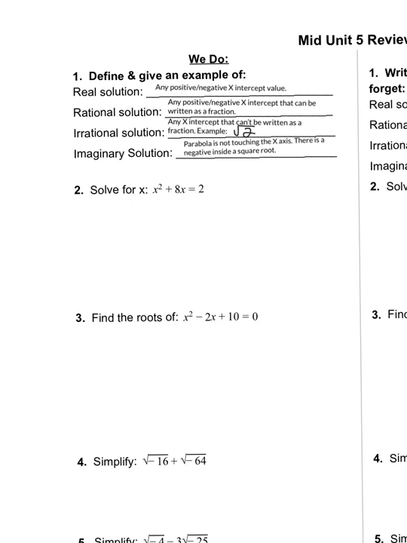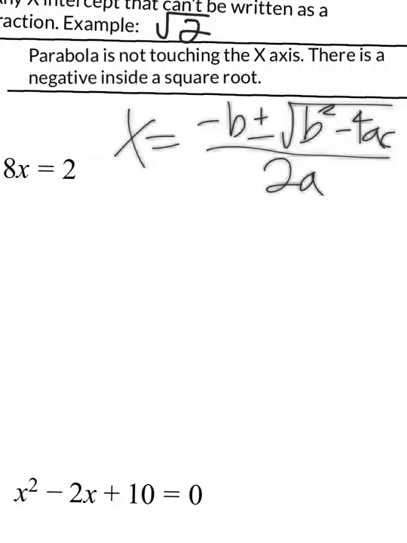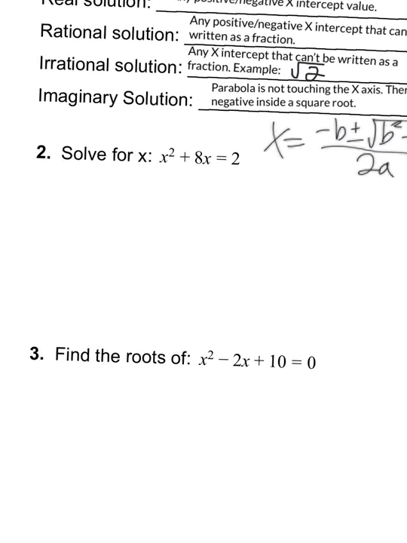So number 2, solve. You can solve using whatever method you want. I'm just going to be consistent and use the quadratic formula over and over again. So here is the quadratic formula: negative b plus or minus the square root of b squared minus 4ac, all over 2a.